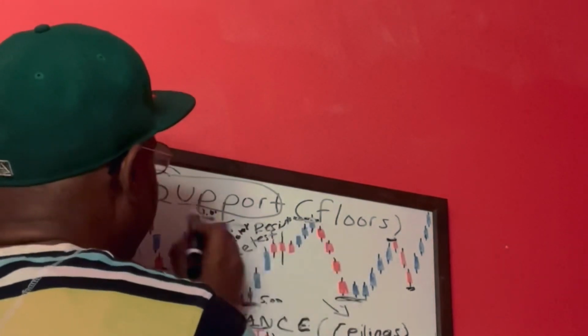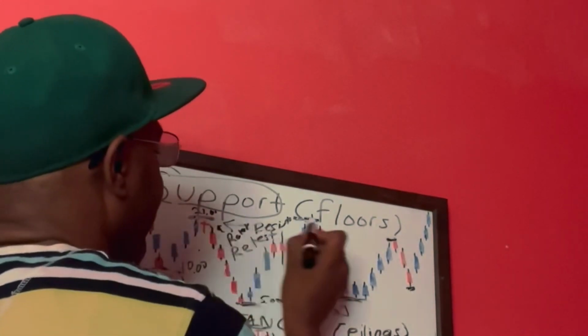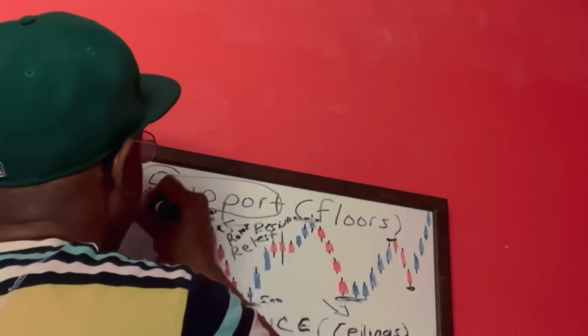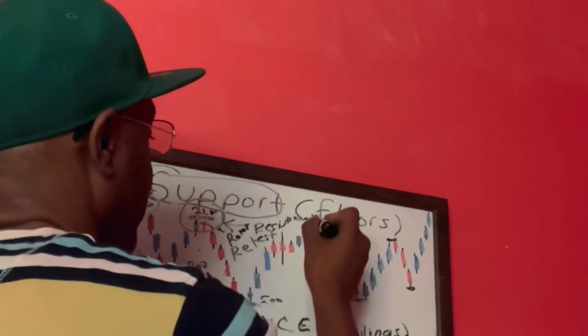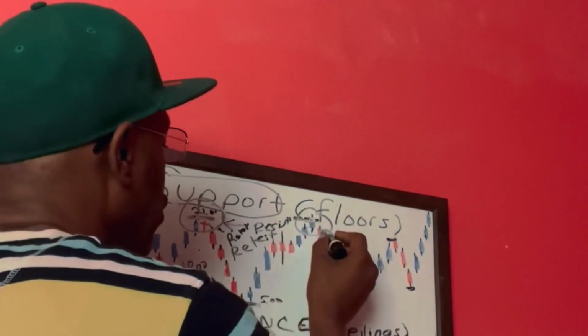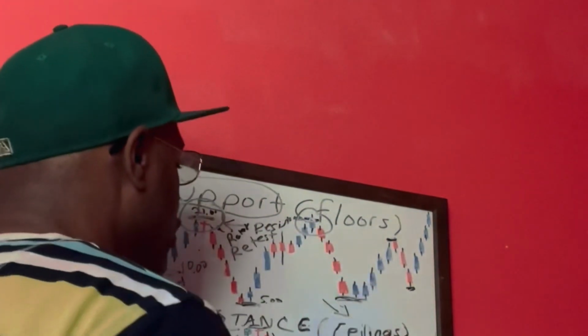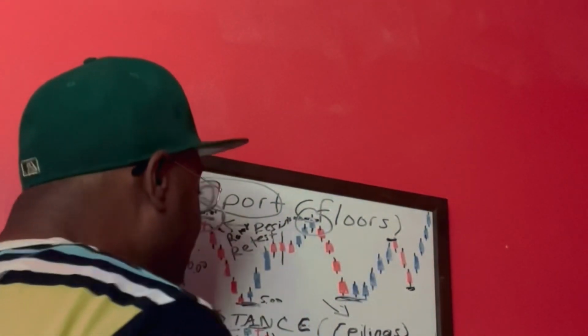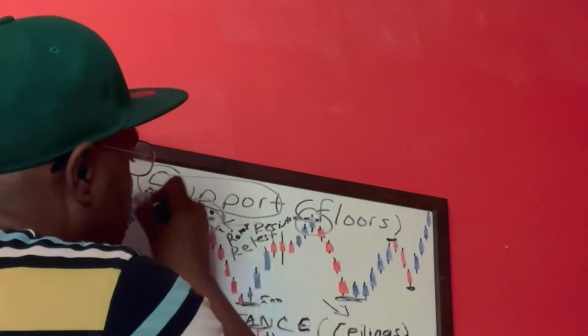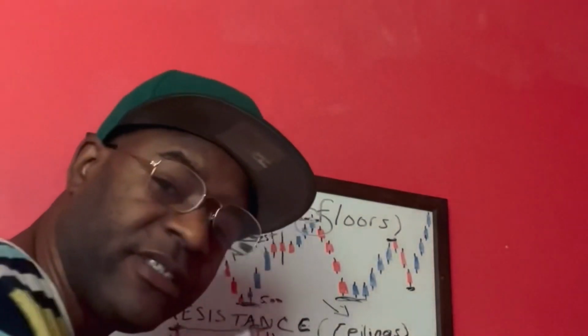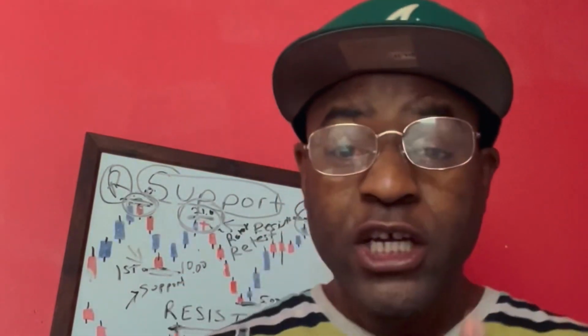So it's retesting these particular areas right here. You should have known that it was going to come back down sooner rather than later, because it did it previously two separate times. You understand? It did it two separate times. So you should have known that it was going to go back down.